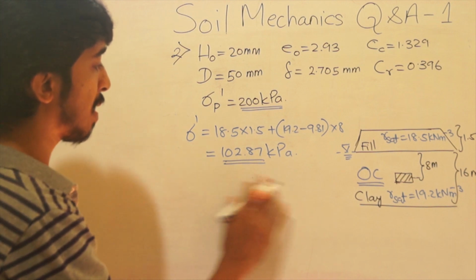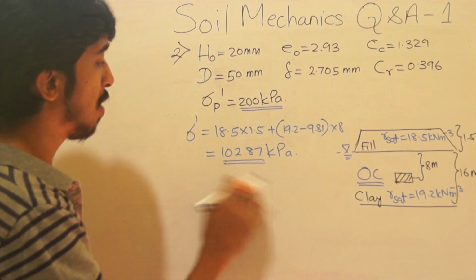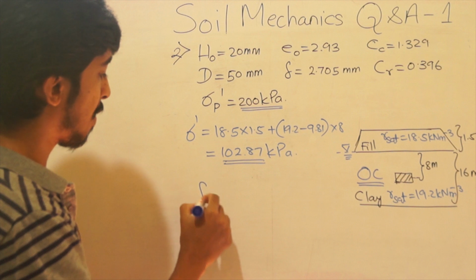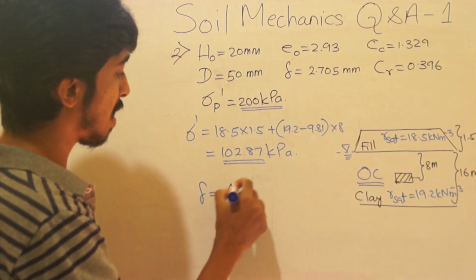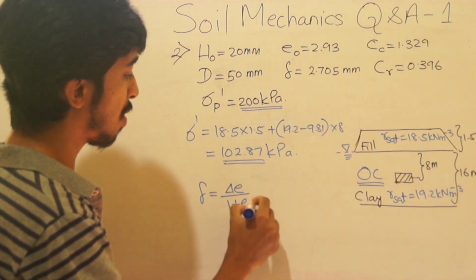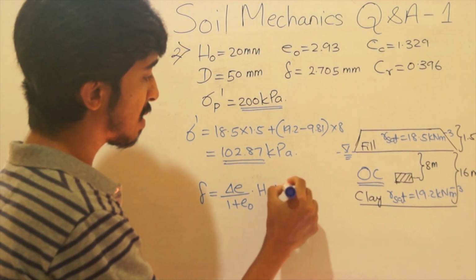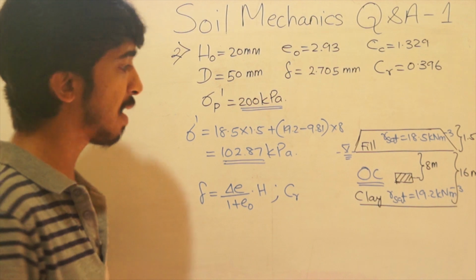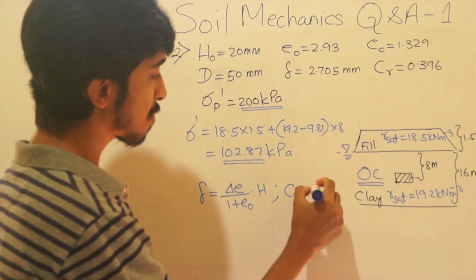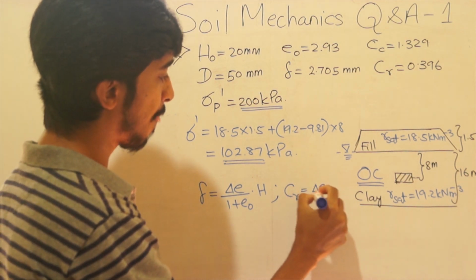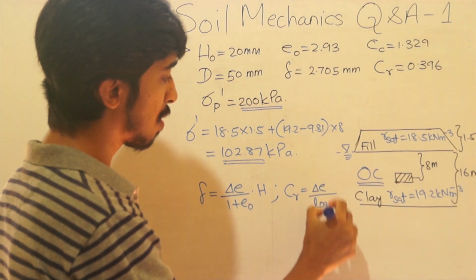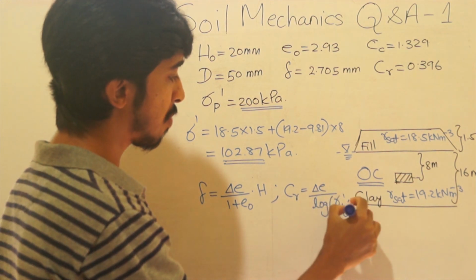As we did in the earlier question, the settlement delta is equal to delta e over 1 plus e naught times H. In the meantime, we can write CR, the recompression index, is equal to delta e over log sigma 1 dash over sigma 2 dash.